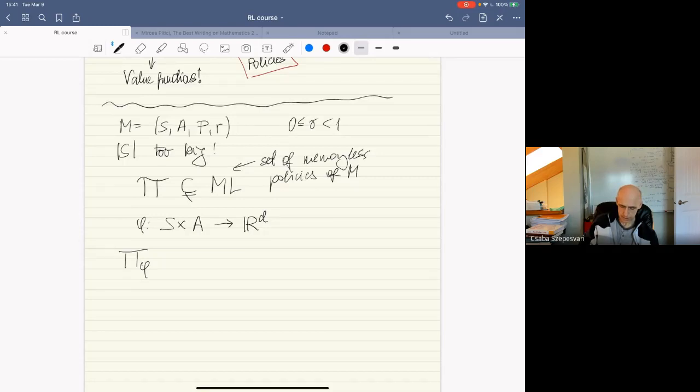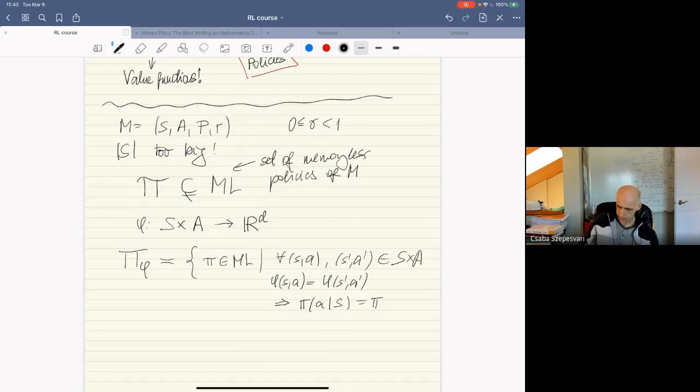One possibility is to take any policy pi, which is memoryless, such that for every two pairs of states and actions, if the features of these two state-action pairs match, then it follows that the policy assigns the same probability to action A given S and action A' given S'. That is, for two state-action pairs (S, A) and (S', A').